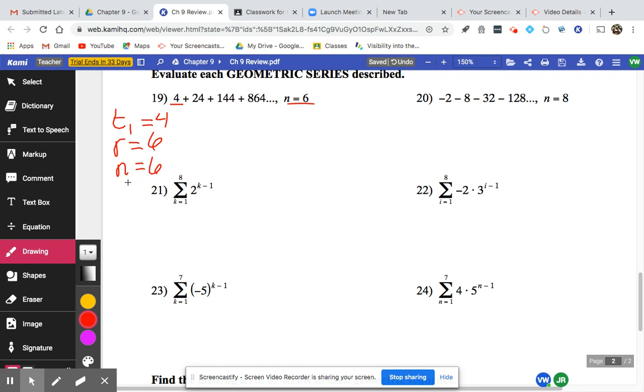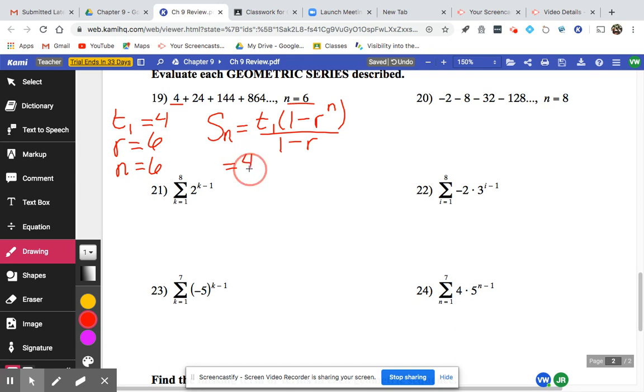Now that we know those 3 pieces of information, we can use the following. And hopefully this looks familiar. S of n equals, we take our first term times 1 minus your rate to the nth power, all over 1 minus whatever your rate is. So let's just plug in what we know.